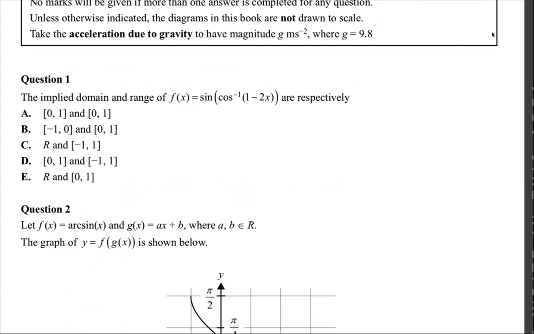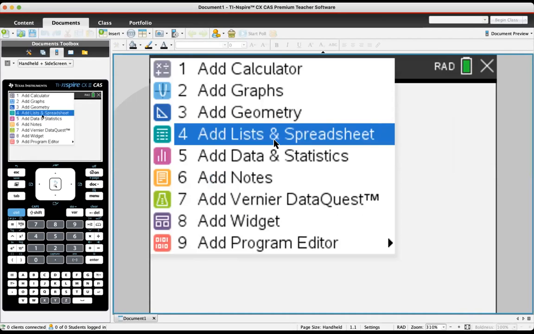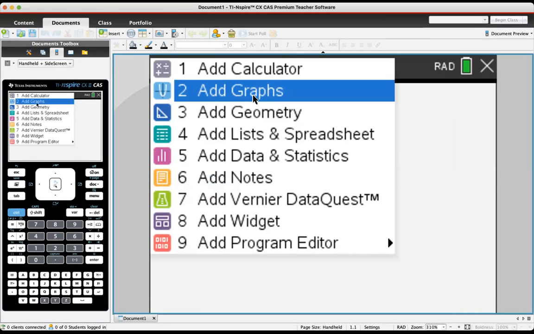The implied domain and range of f of x equals sine cosine inverse 1 minus 2x. Okay, so I think I will plot this graph accordingly. Right, so make sure your CAS is on the radian mode.